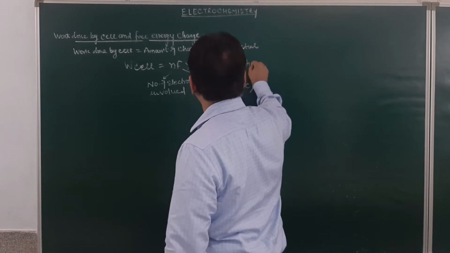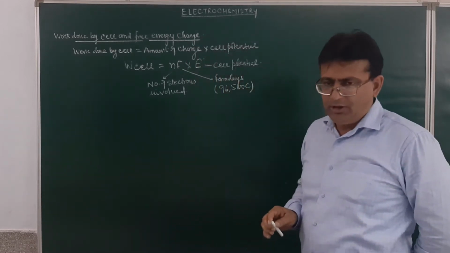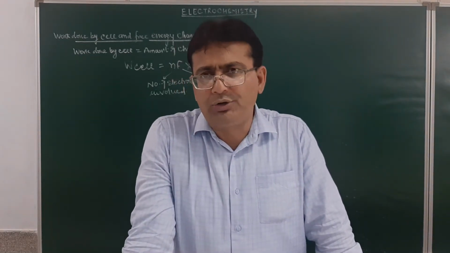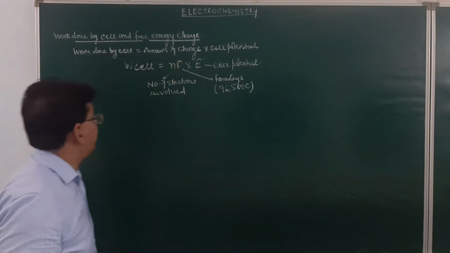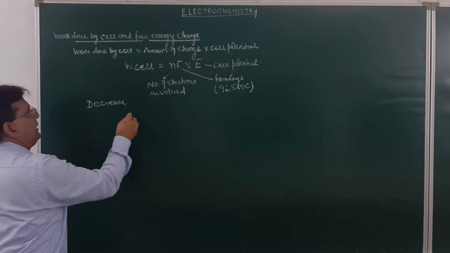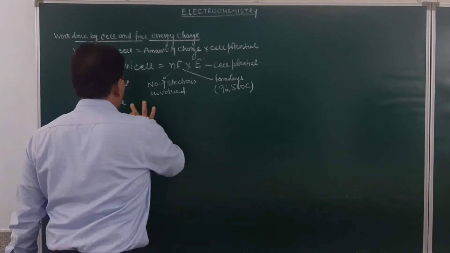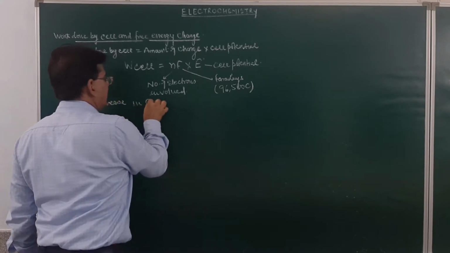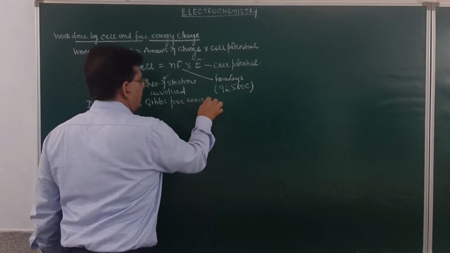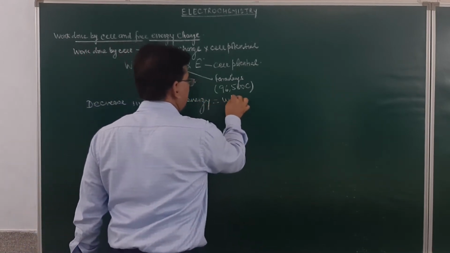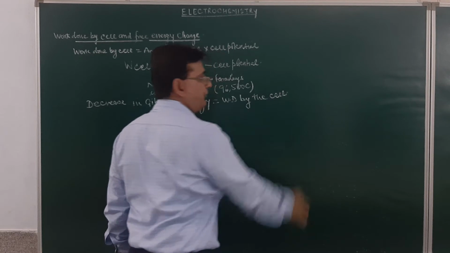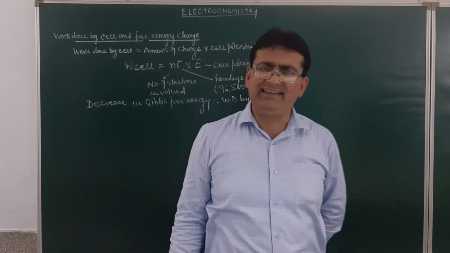Now, just see very carefully, students. We all know the decrease in the free energy will be equal to the work done by the cell. We have studied this earlier also. So, the decrease in Gibbs free energy will be equal to the work done by the cell.